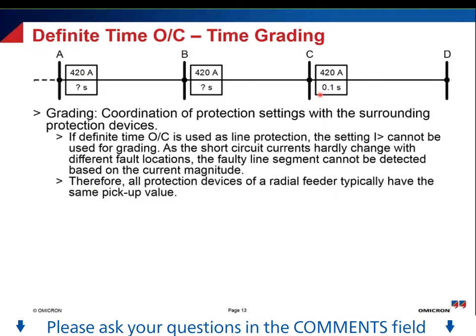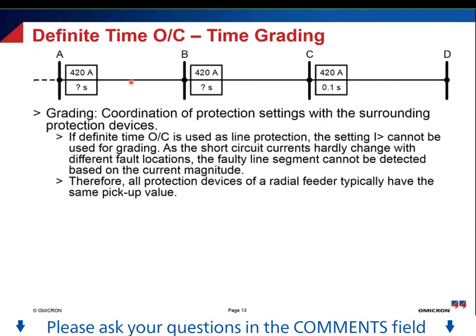Why do we use time grading? Well, if you use definite time overcurrent as a line protection, to protect our overhead lines or cables from electrical faults, then the setting I greater cannot be used to differentiate between a fault here or here or here.